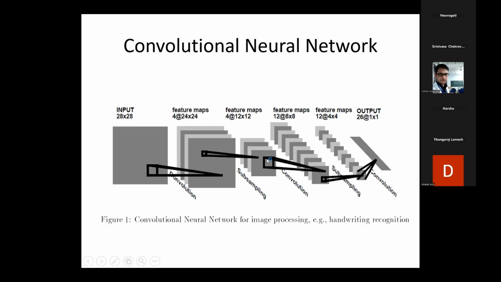After that, you have a subsampling stage, where you again have 4 feature maps, but you divide the size in half in both dimensions. Then again, you have a convolution stage where you expand the number of convolutional feature maps but reduce the size. So as you go towards the output layer, the convolution layer sizes keep going down, but the number of convolutional feature maps keeps going up.